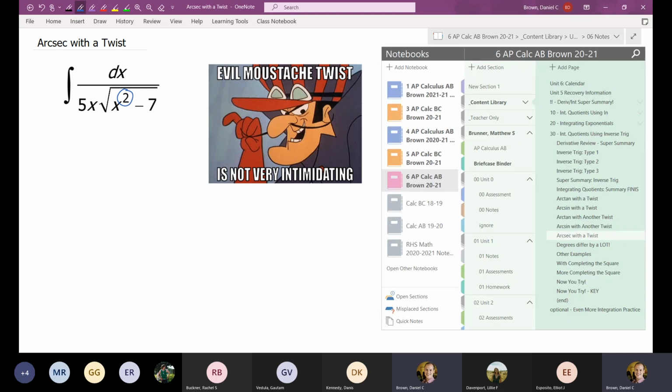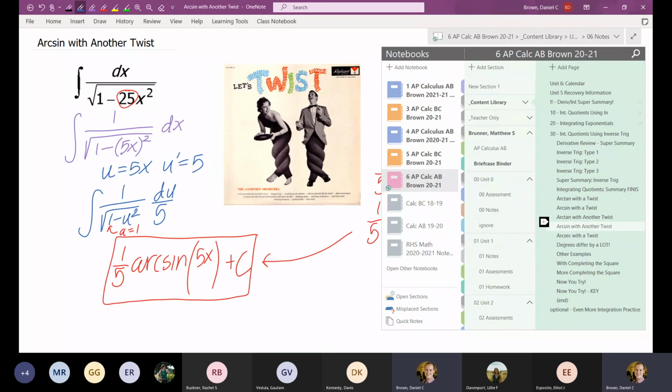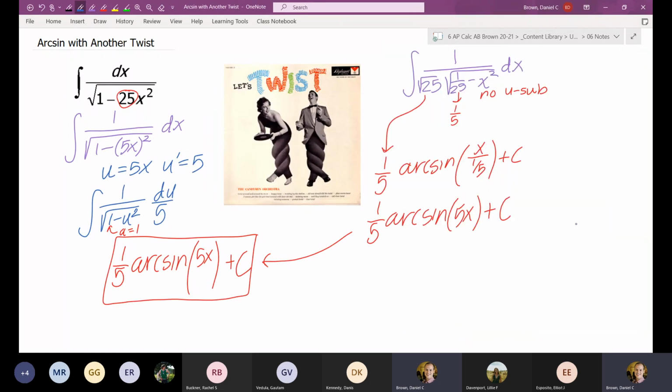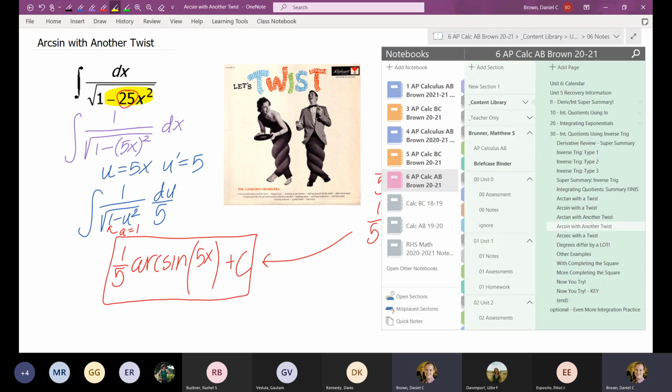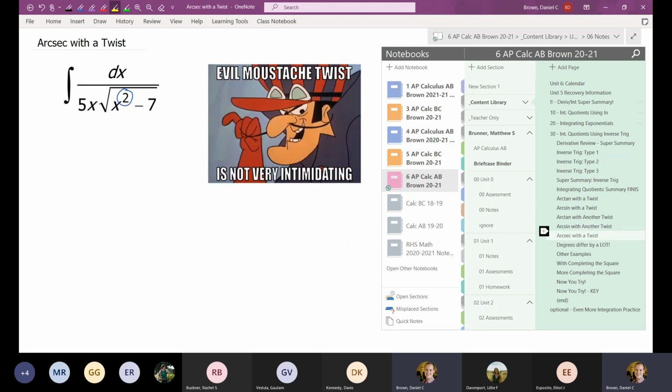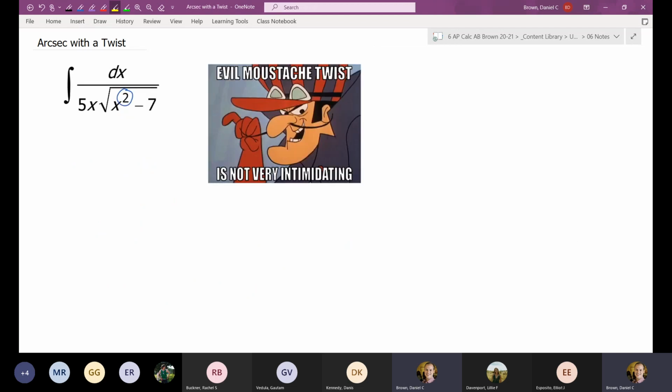Arcsine is going to be the example from Friday. In arcsine, you're always going to be subtracting the variable inside the square root sign. An arcsecant problem will be the one that we're looking at now, clearly because it says that. But arcsecant will always have the variable come in front of the minus sign.